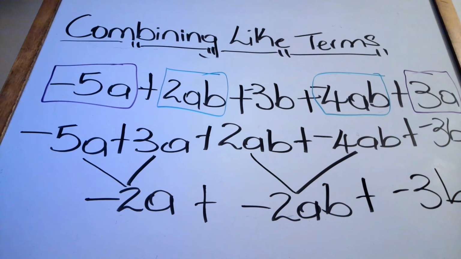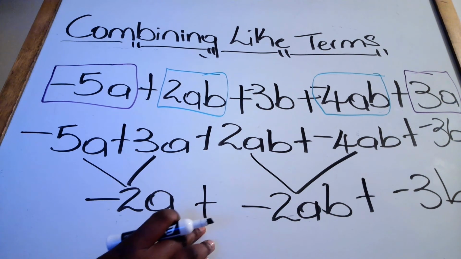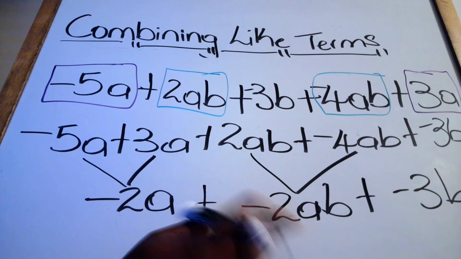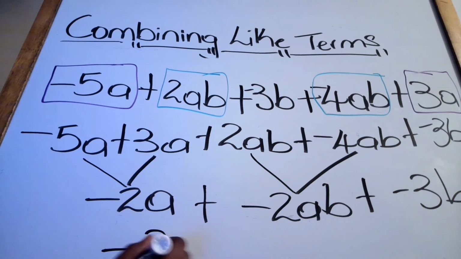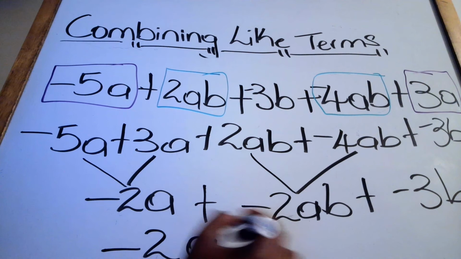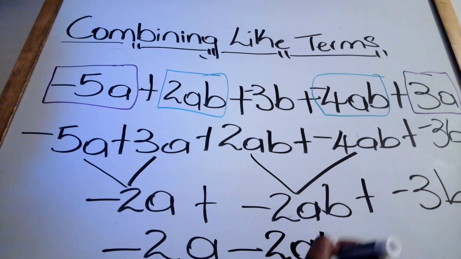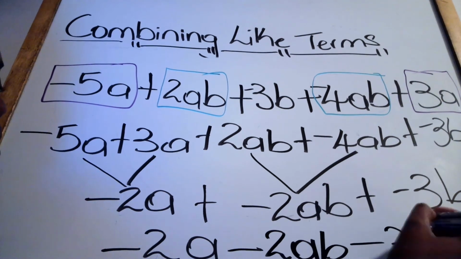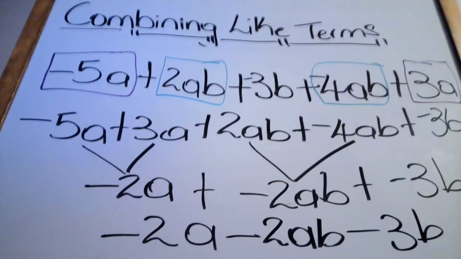Alright, if you're doing a multiple choice question, more than likely you will not see this with the plus negative 2ab. So we can tidy it up by writing negative 2a. This would be the same thing as subtract 2ab, subtract 3b. Alright? So that would be your final answer.